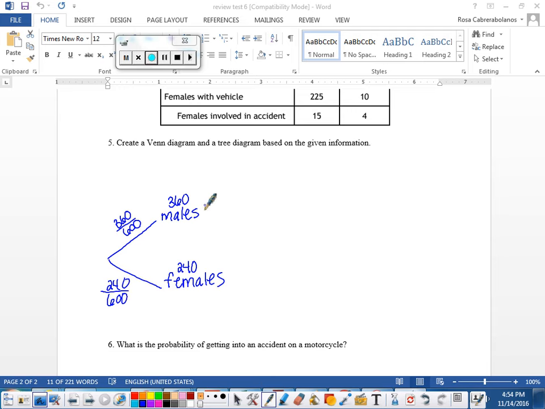Now for the males, there are three categories. We can have males with a car, males with no vehicle, and males with a motorcycle. Females, you can have females with a car, females with no vehicle, and females with a motorcycle.